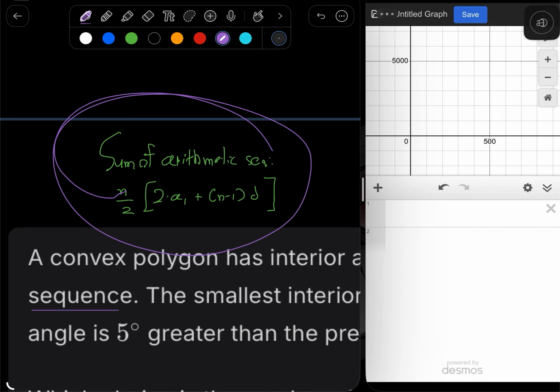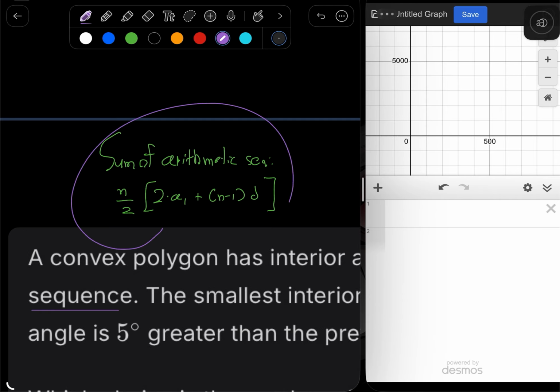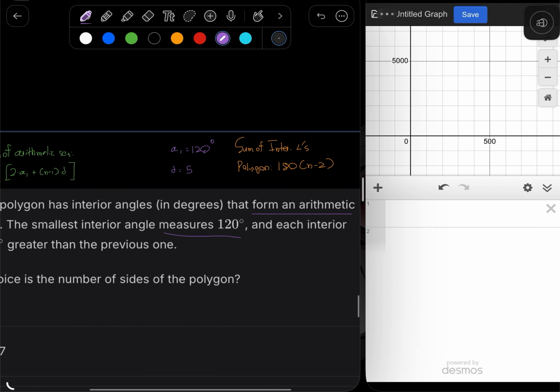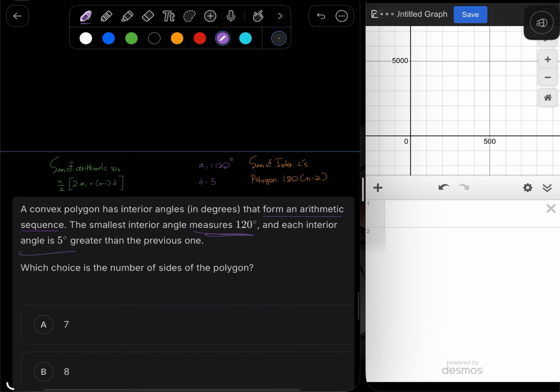The sum of the arithmetic sequence also gives you the sum of the interior angles, because you're adding the values of the interior angles: 120, 120 plus 5, and so on. That's why you can set those two equal to each other, because they both add up to the total sum of the interior angles.